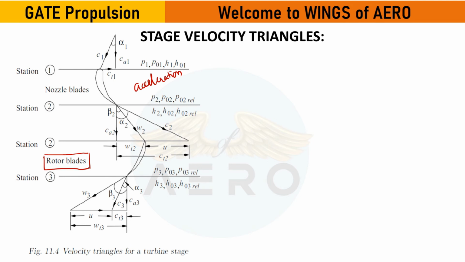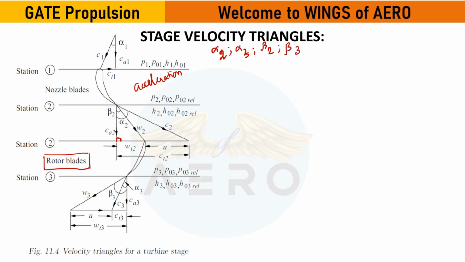Now let's consider this velocity triangle, this 2. What kind of conclusions can we bring from here? Our main motto is to get some relations between alpha 2, alpha 3, beta 2, beta 3.